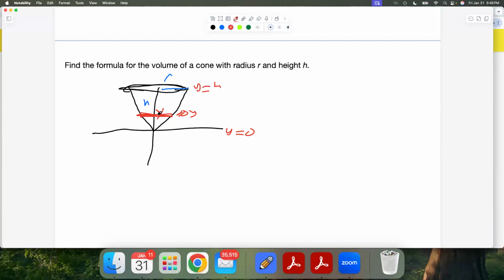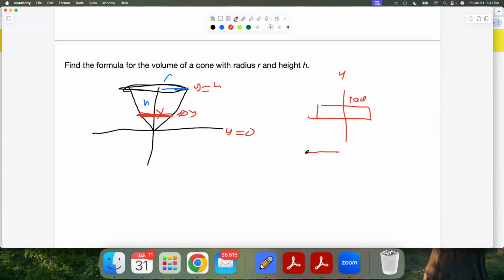Okay, now I need the radius, not the radius of the cone. I need the radius of that disk there. So I've got some disk here. Here's the y-axis. I need this radius right here. So I need to use similar triangles to figure out what this is going to be in terms of h and r.